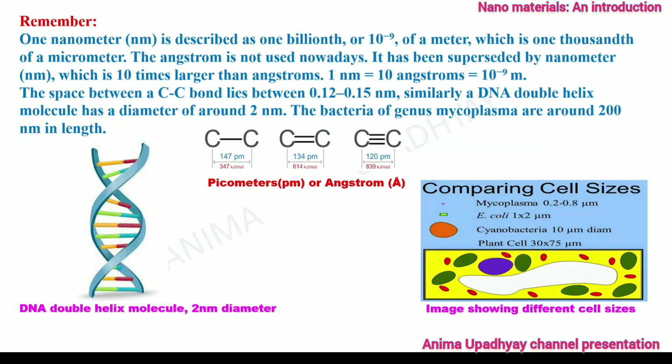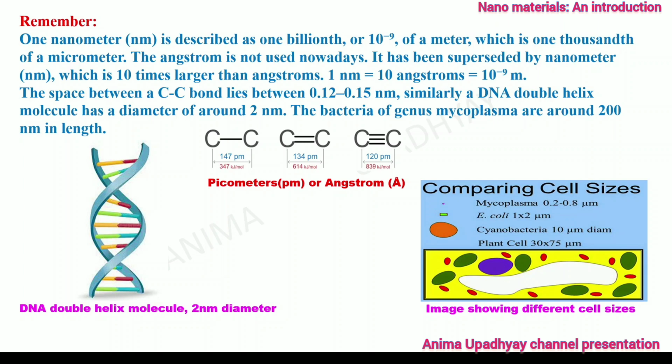It has been superseded by the nanometer, which is 10 times larger than the angstrom. So the angstrom is smaller than the nanometer, which in turn is smaller than the micrometer. 1 nanometer is equal to 10 angstrom, which is equal to 10 to the power of minus 9 meters.